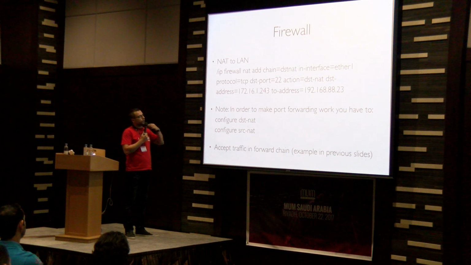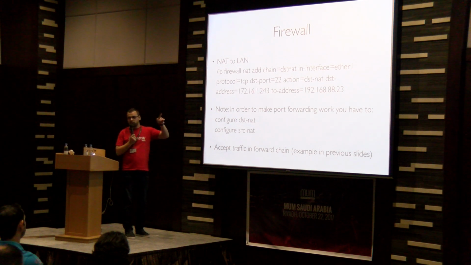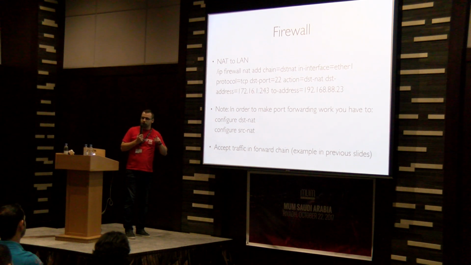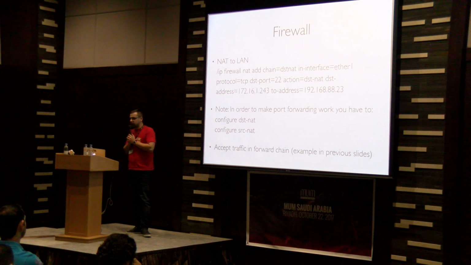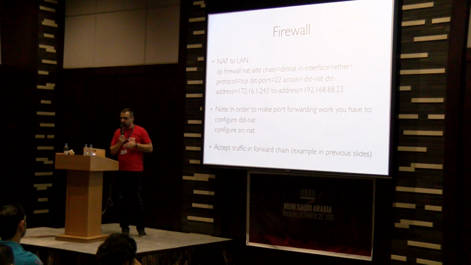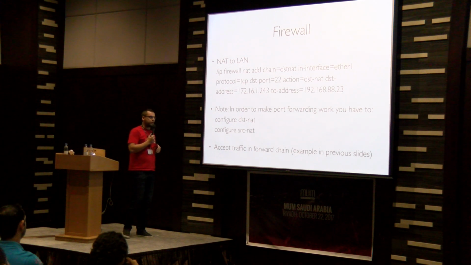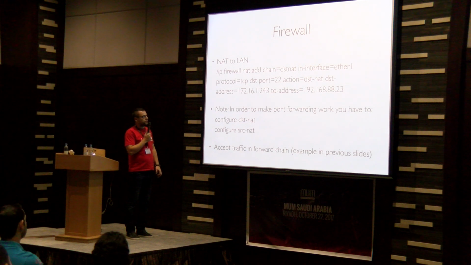First of all, you have to create a NAT rule. Let's stick with me. We need to add chain destination NAT, which means I will change the destination address of the connection. In interface, it is the internet interface. So if access comes from internet to a specific IP address, I will change the connection destination address. In my case, I played around with SSH access, so that's why protocol TCP and port 22.